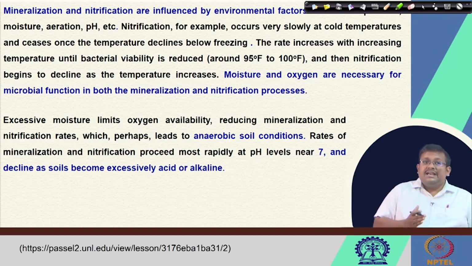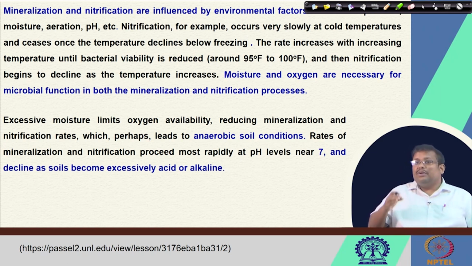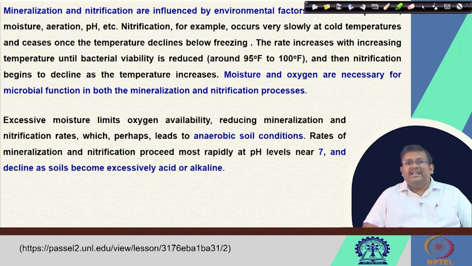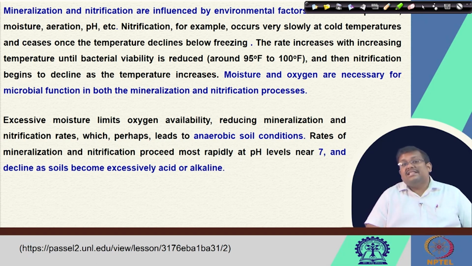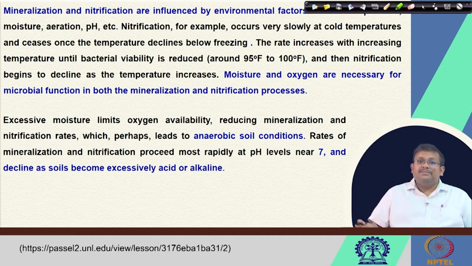So, when there is excessive moisture in the soil, that will occupy the space of air, ultimately reducing the oxygen availability and reducing the nitrification process. This is called the anaerobic soil condition, and the nitrification process will go down. The rates of mineralization and nitrification proceed most rapidly at pH levels near 7 and decline as the soil becomes excessively acidic or alkaline, because the microbes become inactive when the soil becomes excessively acidic or alkaline in nature.